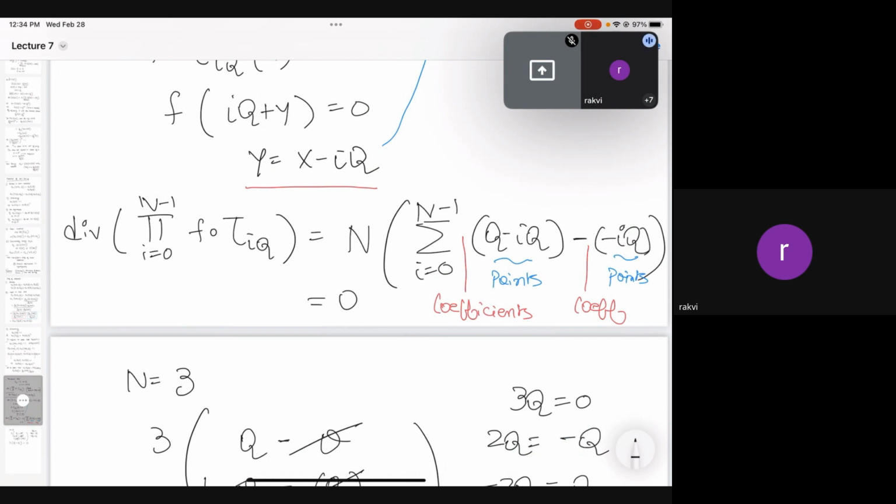Okay, so if the divisor of a function is 0, basically it means that there are no poles and no zeros, right? So if a function has no zeros and no poles, it must mean it's a constant.